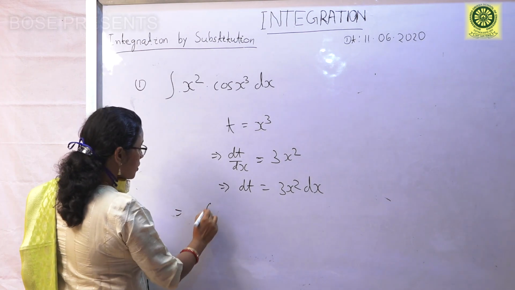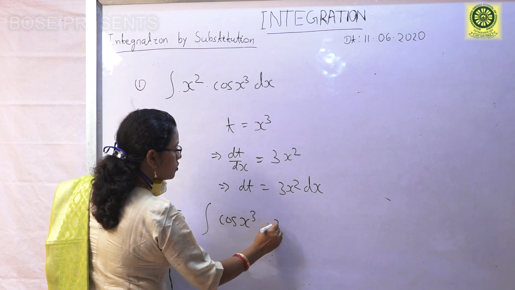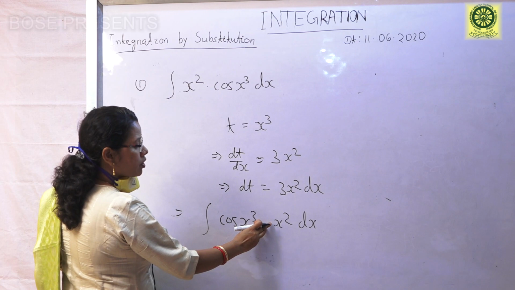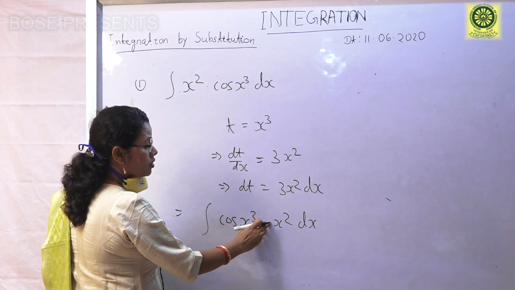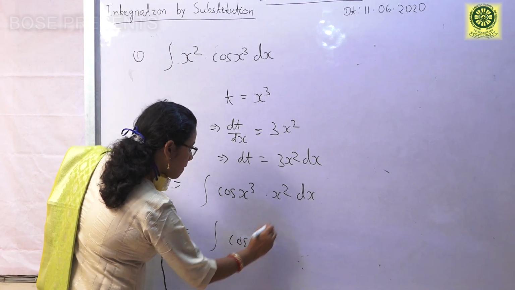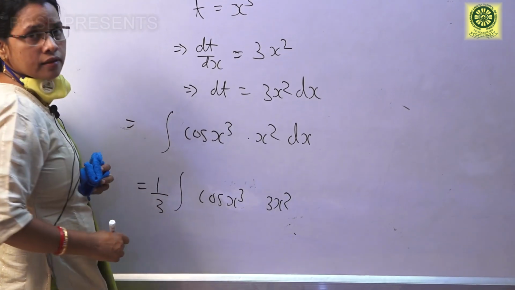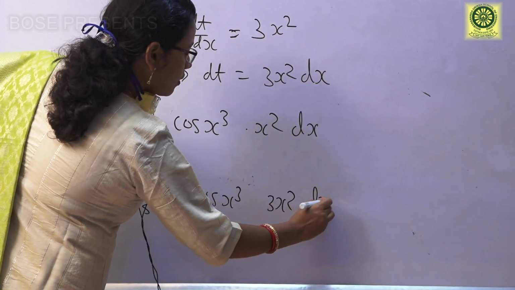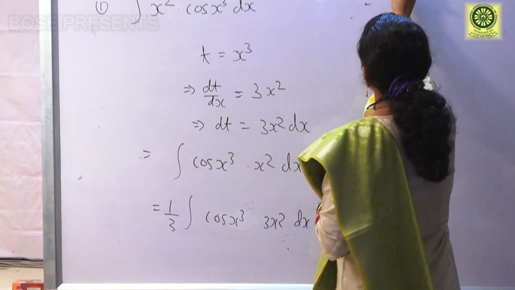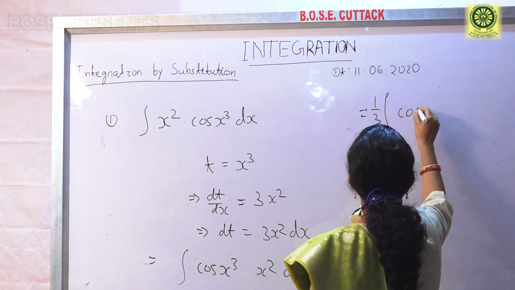Our problem, just rewrite this as cos(x³) into x² dx. To use this substitution, we have t here. So just multiply by 3 here, so divided here. Okay. Then just use this substitution. That is equal to (1/3) cos(x³).